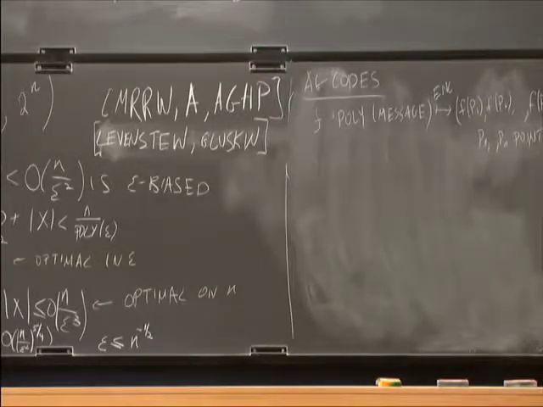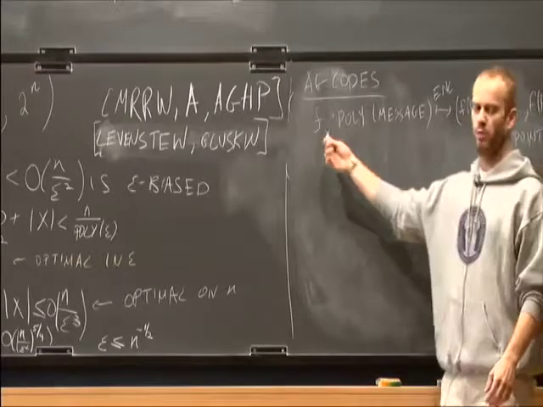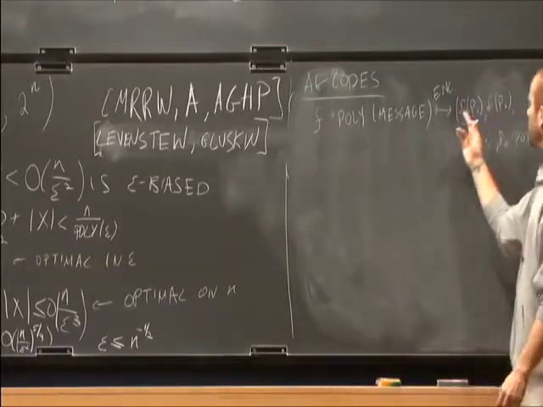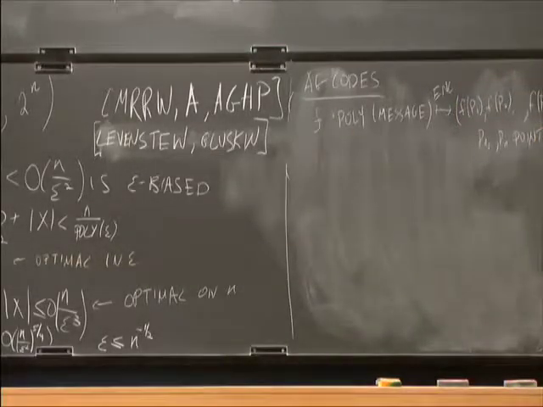Reed-Solomon and Reed-Muller take f to be a polynomial of a certain degree and take the set of points to be large enough so that we can interpolate, so that we can recover f, and then we have some codes.